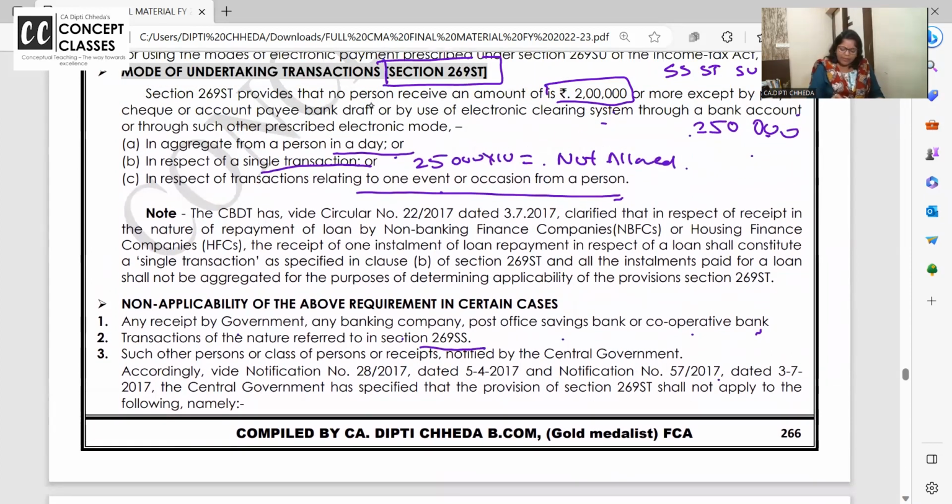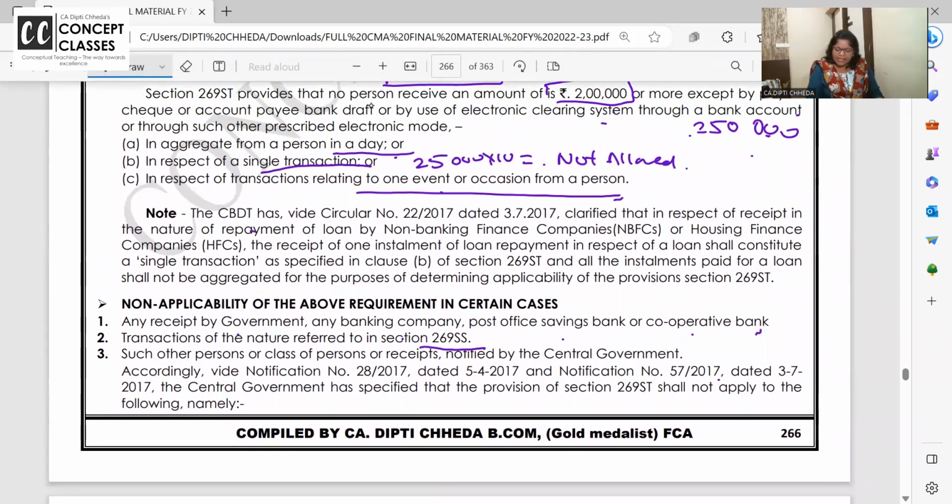Now here one point is there. CBDT has clarified that in the nature of repayment of loan by NBFCs or housing finance companies, the receipt of one installment of loan should constitute a single transaction for 269ST, and all the installments paid for a loan shall not be aggregated for this purpose.